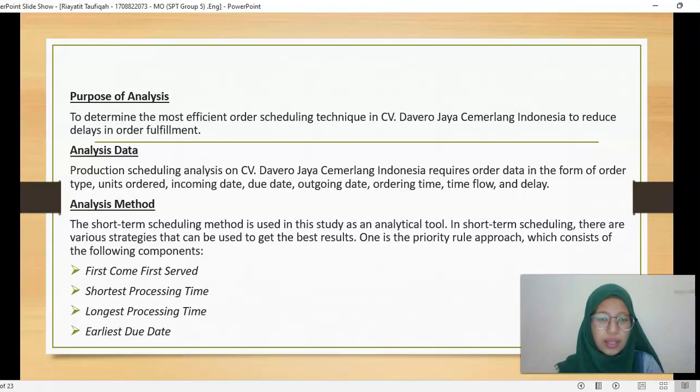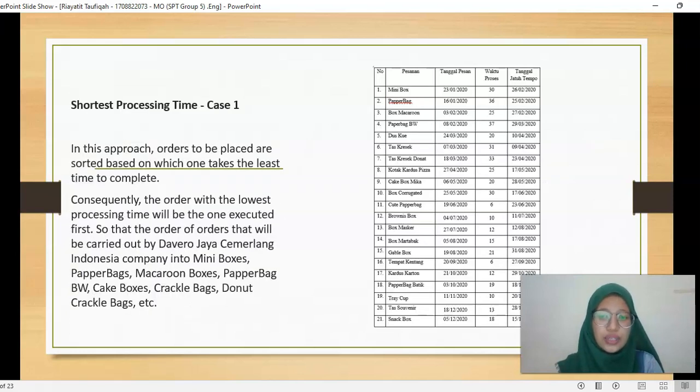But in this analysis, it uses the priority rules approach, which consists of some components. The first is first come, first served, then shortest processing time, then longest processing time, and then earliest due date. So this is the shortest processing time of this case.